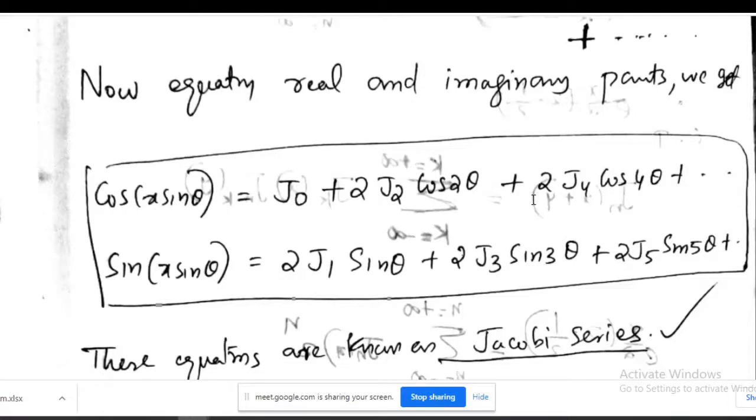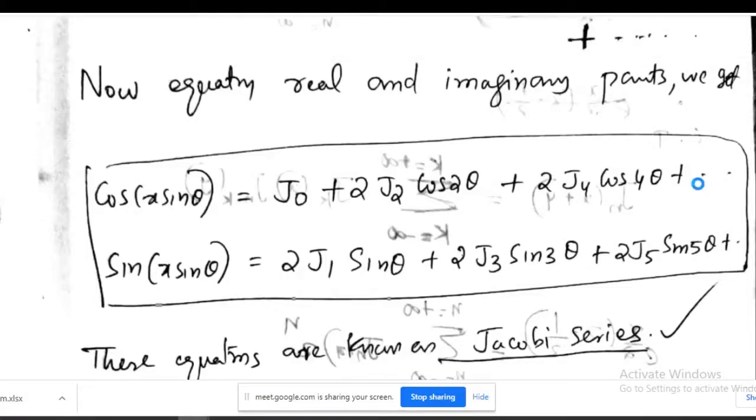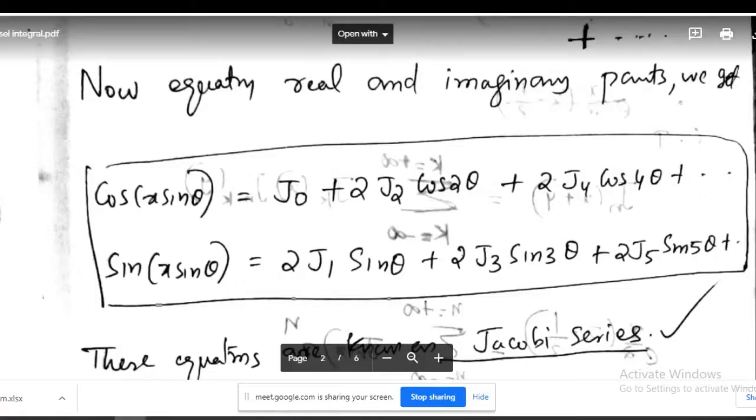Similarly, sin(x sin theta) equals 2J1 sin theta plus 2J3 sin 3 theta plus 2J5 sin 5 theta, and so on. So this consists of even terms, this consists of odd terms. Okay, so this is the Jacobi series.